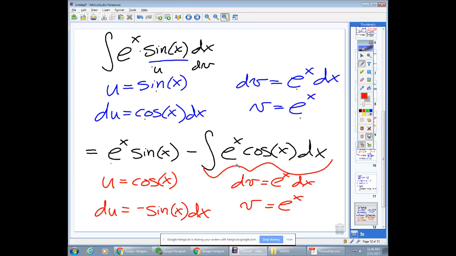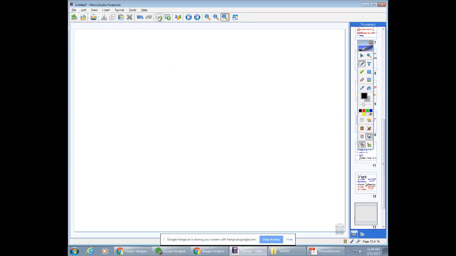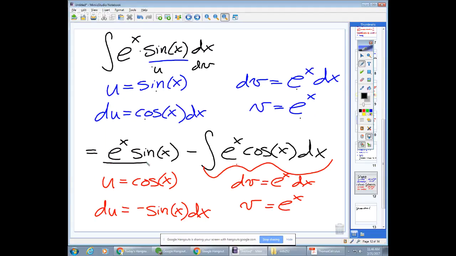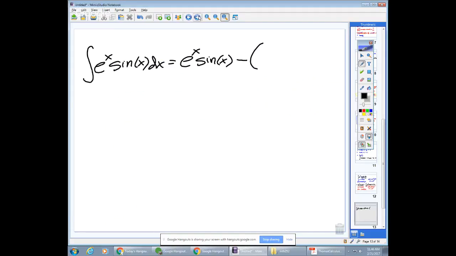I'm going to try and write it down. I think we're going to have that our integral of e to the x sine of x dx is equal to, we already found an e to the x sine of x, and then we have a minus my new uv. So I wrote that guy down, I wrote my minus, and then my uv is e to the x cosine of x, okay?